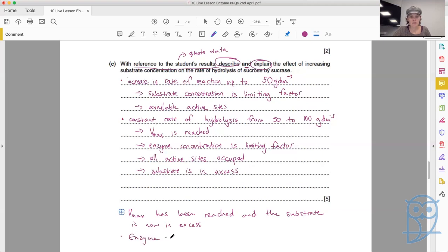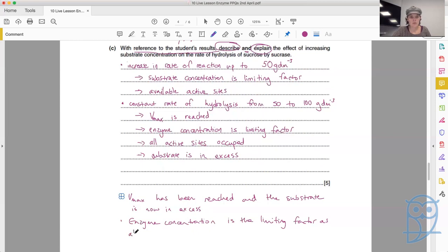Enzyme concentration is the limiting factor as all active sites are occupied. Okay, so hopefully you see the difference between the two.